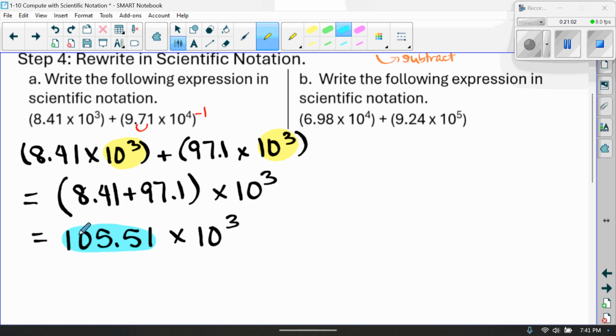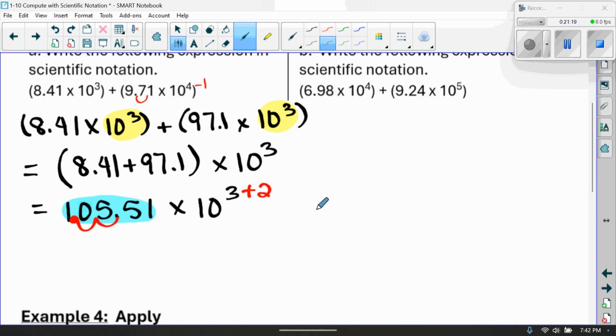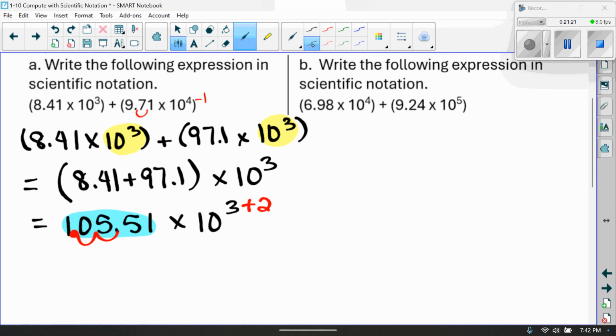So I need to move that decimal to the left 2 places right here. And because I moved left 2 places, I need to add to the exponent. So we're going to add 2 to the exponent. So here this is going to give us 1.0551 times 10 to the 5th power.